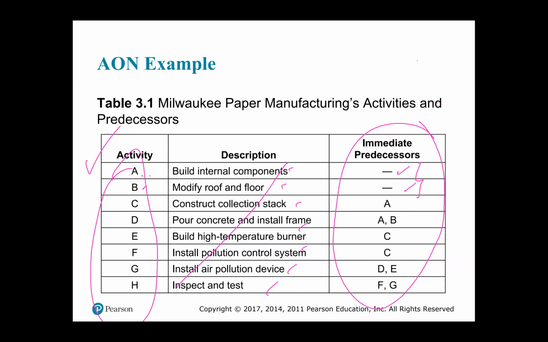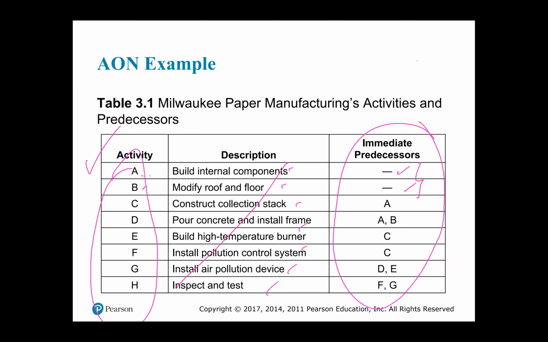Now, so the dashes mean that the activity across from which the dash appears has no immediate predecessor and that that activity must be begun at the start of the project. So what does A across from C mean?